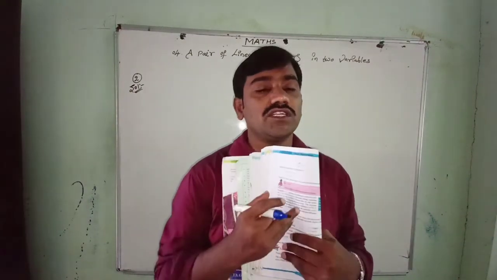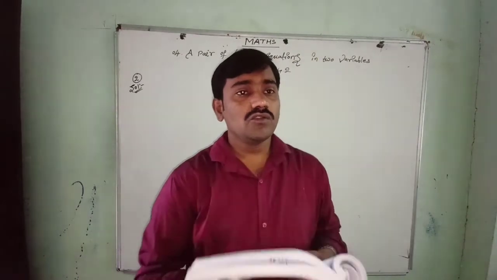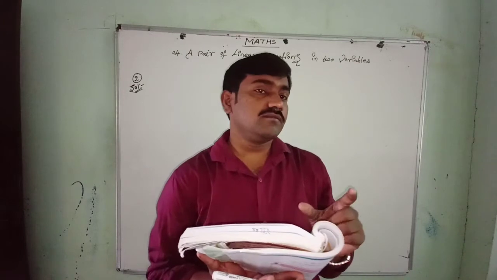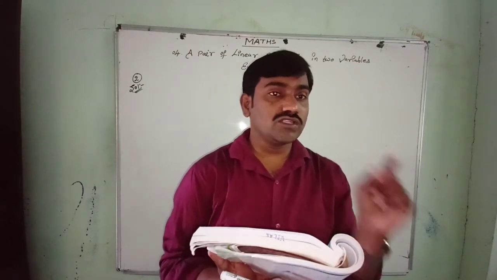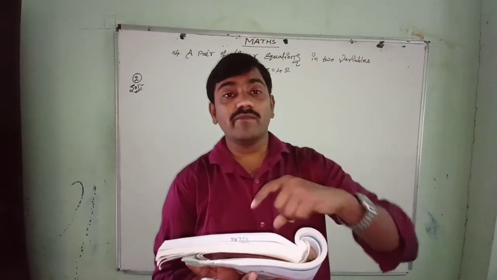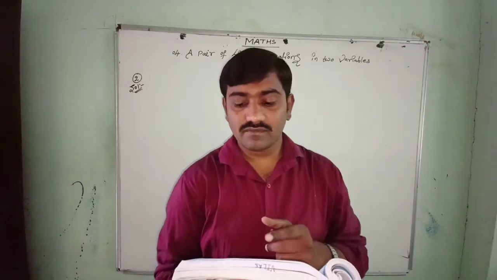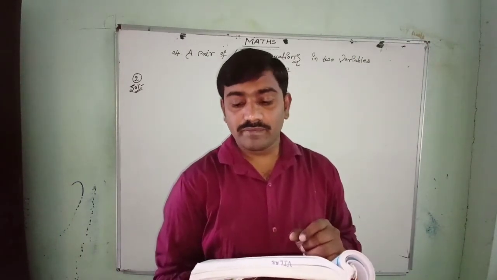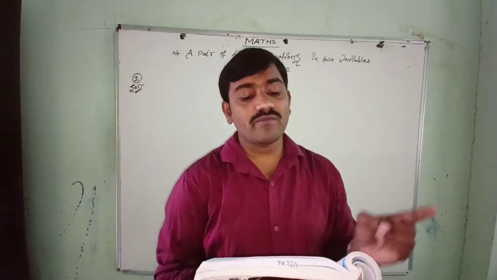So you take a two-digit number. The sum of the two-digit number and the number obtained by reversing the digits will be 66. And the digits differ by 2.